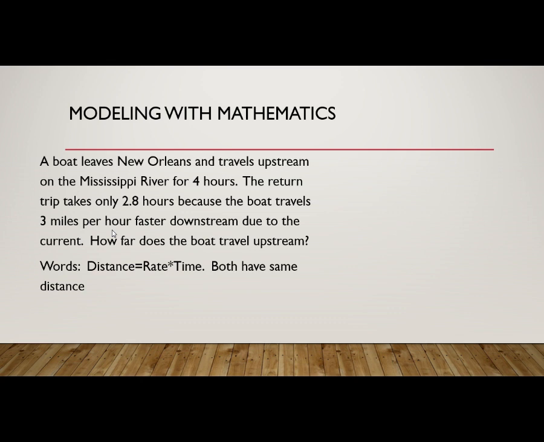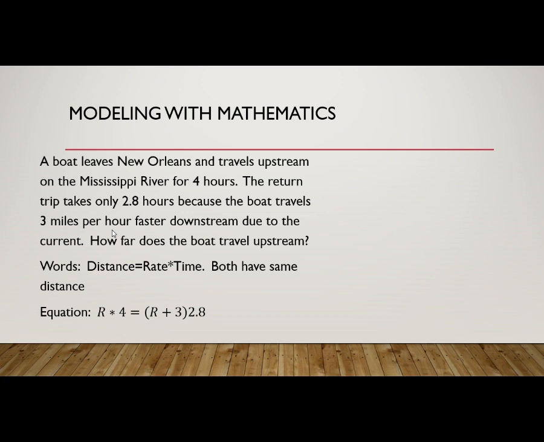So what we're going to do is create an equation where we've got the rate times time of the first trip, of the downstream trip, is going to be equal to the rate times time of the upstream. And that's because they both went the same distance, so they can be equal. So in the first one, we don't know his rate, but we know he went for 4 hours.